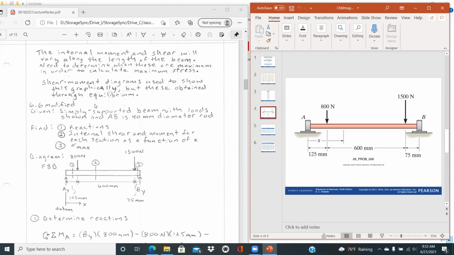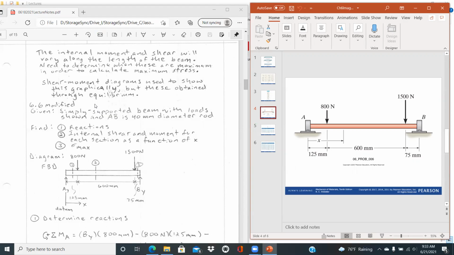Those are nice graphical representations, but they're really obtained just by equilibrium, drawing your free body diagrams, and developing your shear and your moment as a function of x along the length of the beam. And so I have an example to go through to get us started on that.